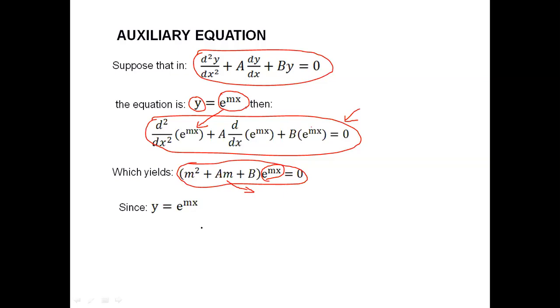Okay, so now let's see the next step. We've just made it clear that y cannot be equal to 0. If y cannot be equal to 0, and we know that the product of y and what is in the brackets should give us a 0, then it implies that m squared plus am plus b should be equal to 0.